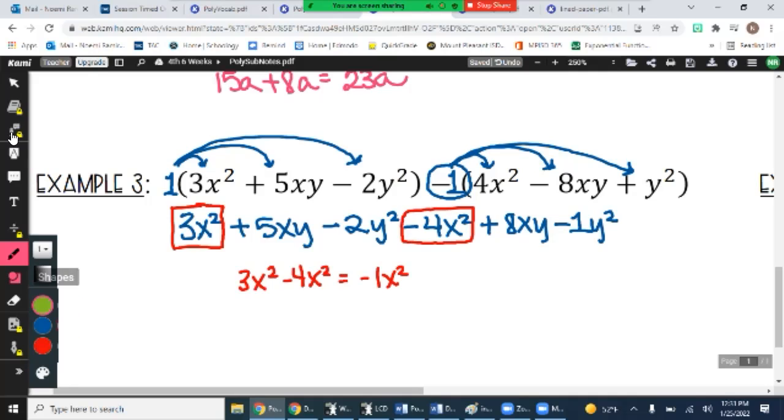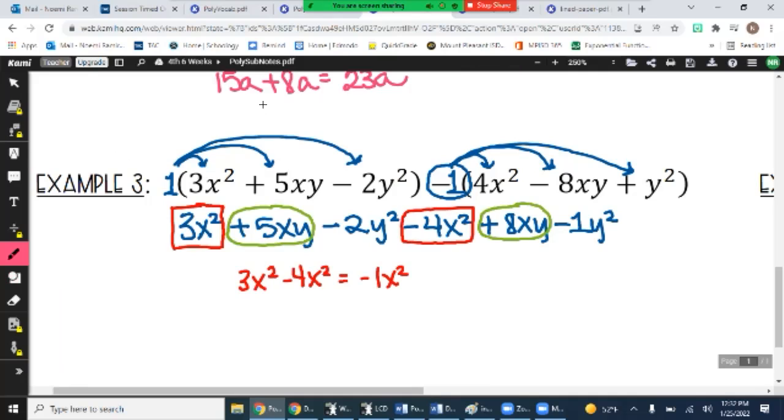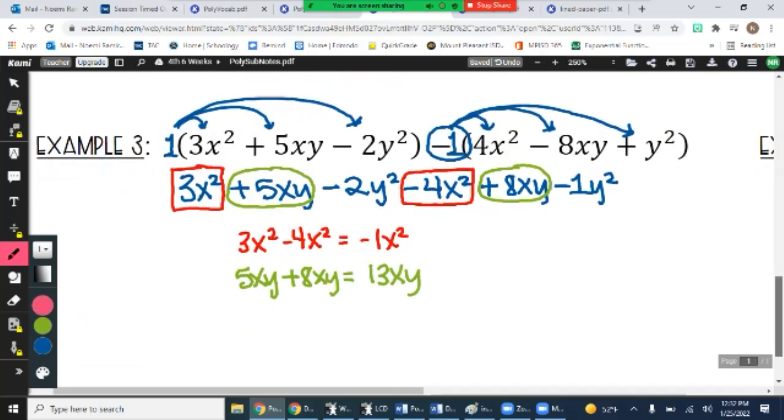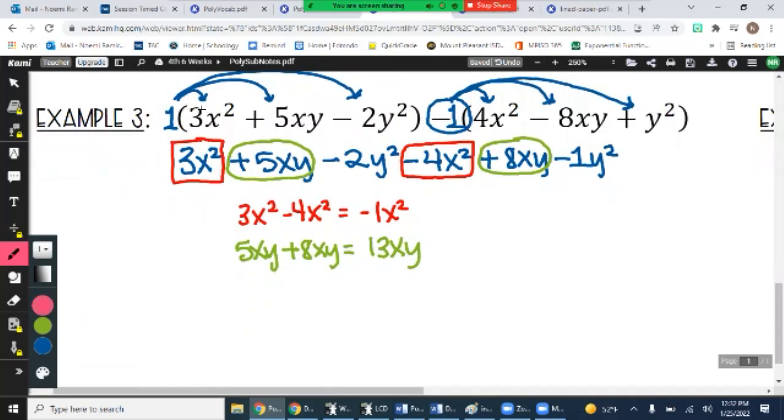Okay. 5xy combines with 8xy, and what is 5xy plus 8xy? 13xy. Does the exponent change? 2 plus 2 is 4? Yes or no? No, the exponent does not change.